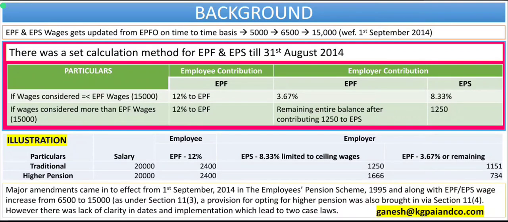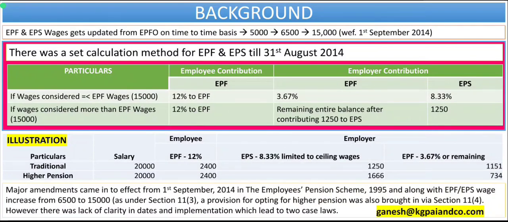But if an employee chooses for higher pension, in that case the calculation becomes too easy. From employee contribution, 12% would anyhow go and sit in the EPF account, and another 3.67% of employer contribution would also go and sit in the EPF account, and overall it becomes 15.67%.